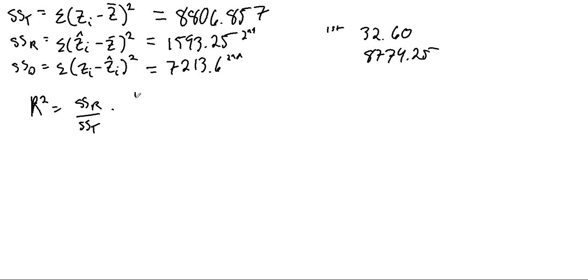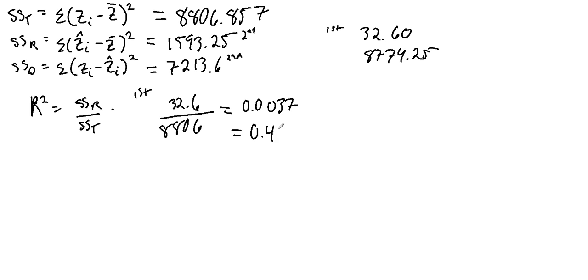So let's do first order here. My first order SSR is 32.6. Divide that by 8806, and I end up with a really tiny number of 0.0037, which if I put that in a percent, I multiply by 100, I still get 0.4%, which is not very high.